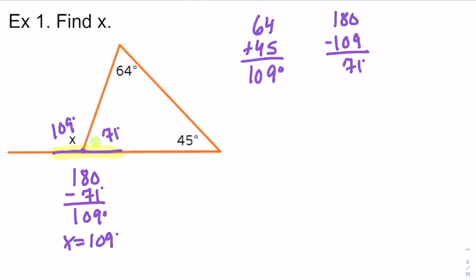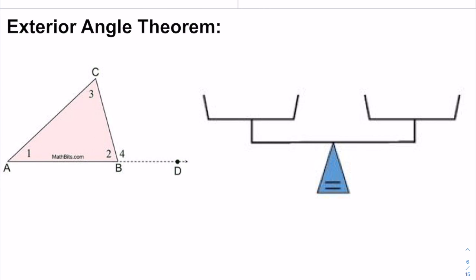And as we did a few examples, some people noticed that the value for x was the same as what we got when we added those interior angles 64 and 45 degrees. That pattern held true through our examples, which led us to the exterior angle theorem.